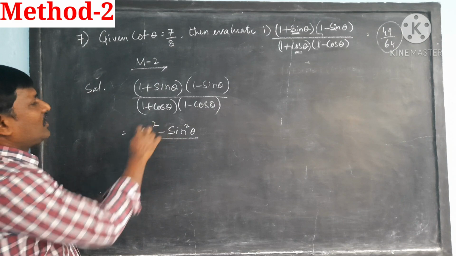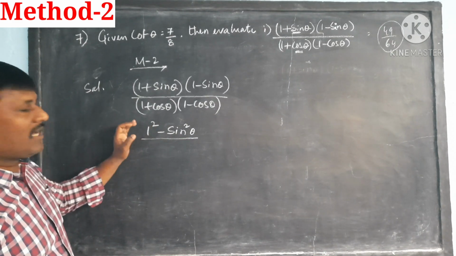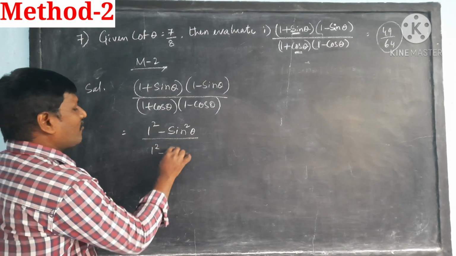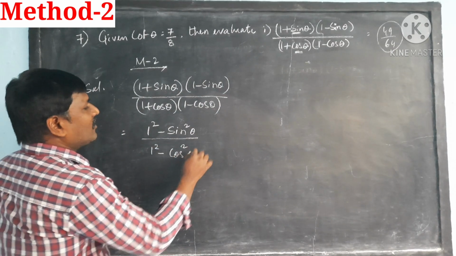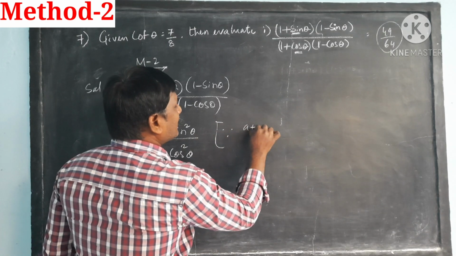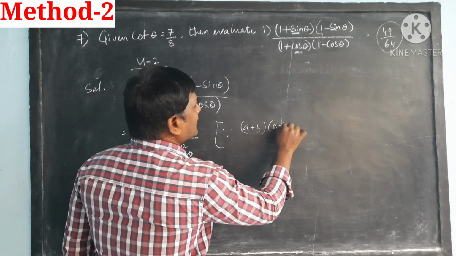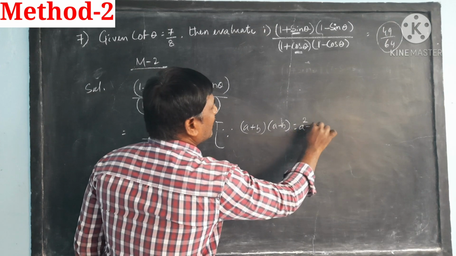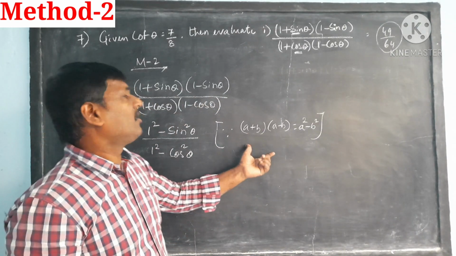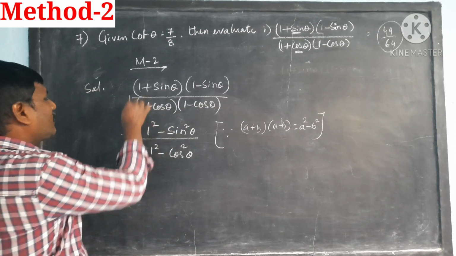Same way for the denominator, you get 1 square minus cos square theta. So a plus b into a minus b is equal to a square minus b square.